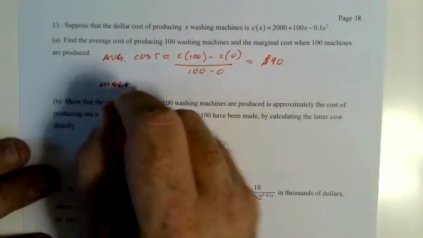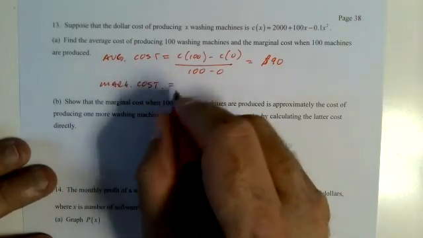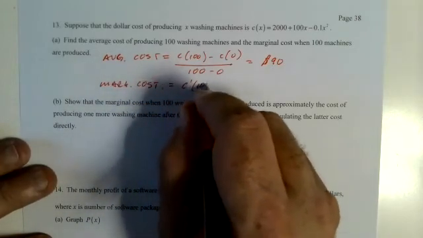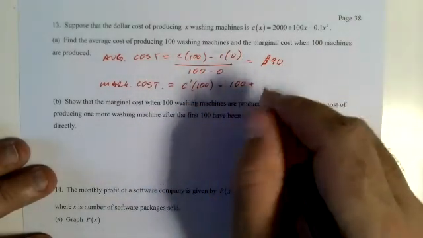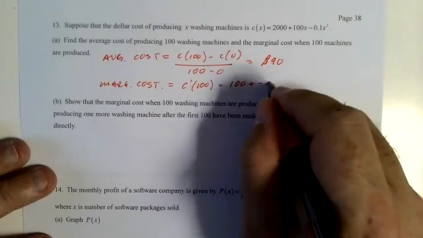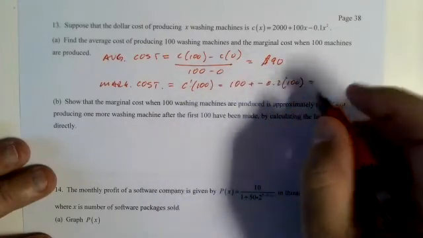Marginal cost equals C prime of 100, which is 100 plus negative 0.2 times 100, which is $80.